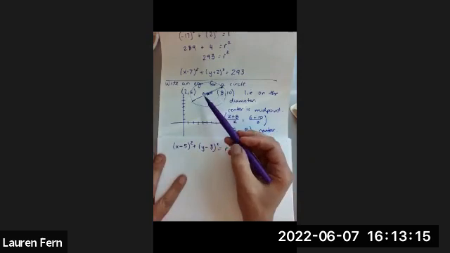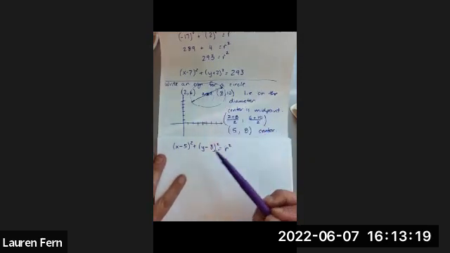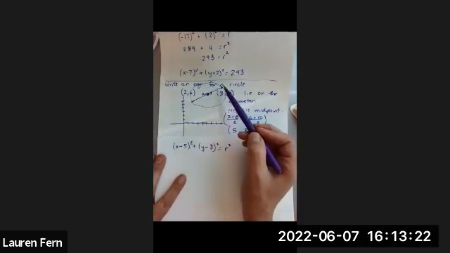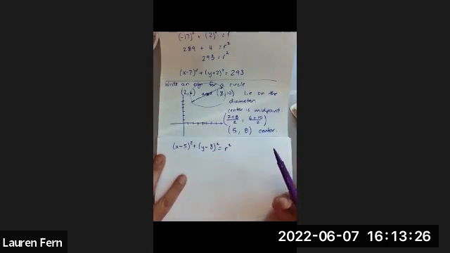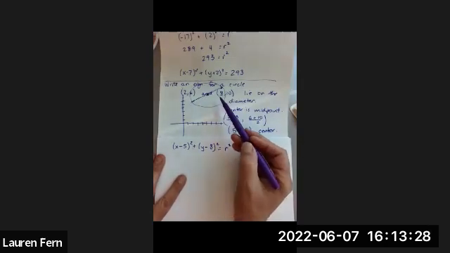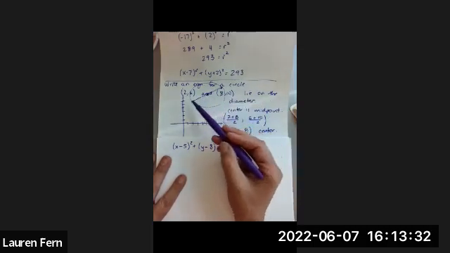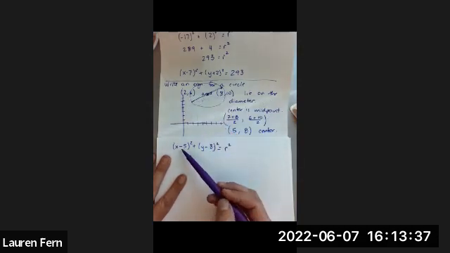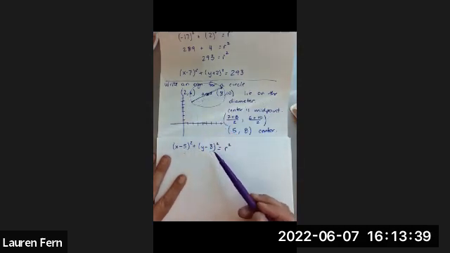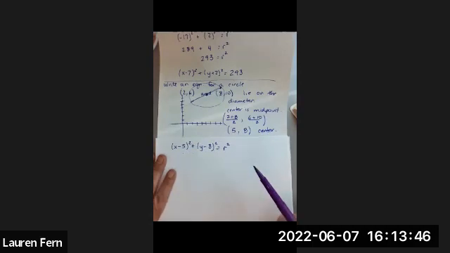One way to do it is to find the distance using the distance formula from our center 5, 8 to one of these values. Either one works, of course. Another way to do it is just to say, well, we can do what we did in our previous example. We know a couple of points that lie on our circle. And if we plug in either one of these ordered pairs for x and y, that will certainly give us our radius. So that's what I'm going to do for no good reason.